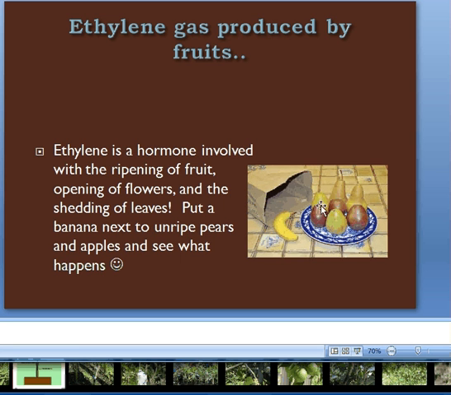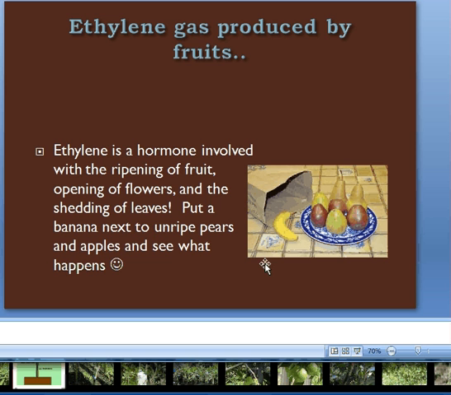And what it does, that ethylene gas moves over here to the fruit that's near it, and actually causes those fruits to start ripening more quickly. So if you put a banana next to unripe pears and apples, good experiment, see what happens. Or even put a ripe banana next to one apple, and then another apple that's about the same stage as the first one, put it by itself, and see if the apple by the ripe banana will actually ripen more quickly.